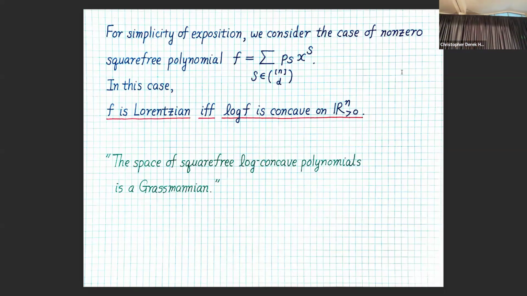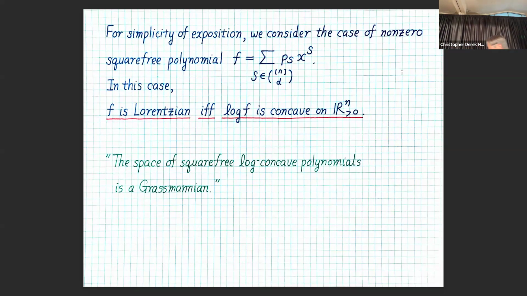In this case, things are simpler because you don't have to remember all the partial derivatives. You can see that f is Lorentzian if and only if log of f is a concave function on the positive orthant. In other words, you don't have to think about the conditions imposed on the partial derivatives.